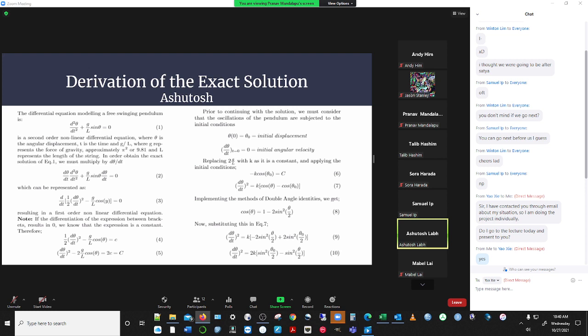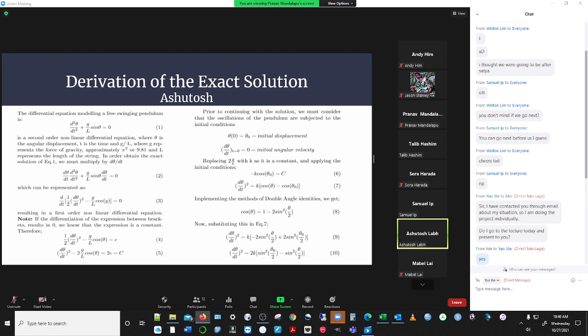What we're given is a second order nonlinear differential equation, and what we need to do is multiply by d theta over dt. As we do that, it can be represented as in equation number 3, where we don't necessarily solve anything, but rather rearrange the equation so that we get a first order differential equation.